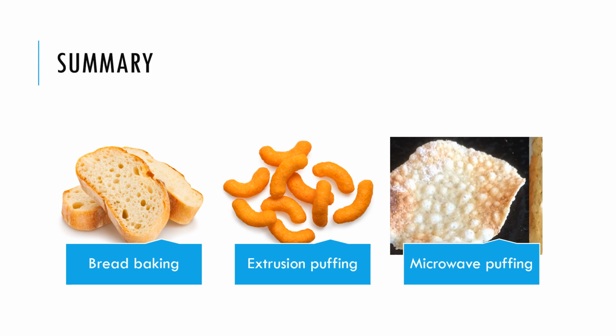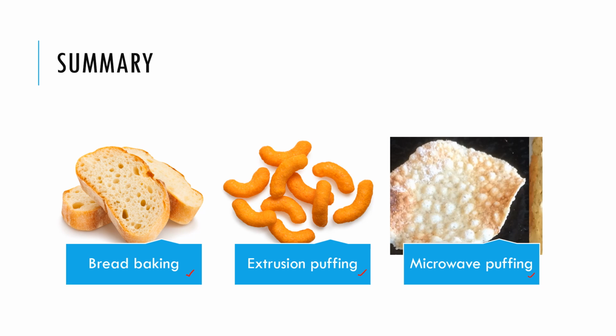Now, much of the basic physics that we discussed for puffing in the particular example of rice puffing applies to other processes that we may or may not call as puffing. So here we have 3 examples of bread baking, extrusion puffing, and microwave puffing.